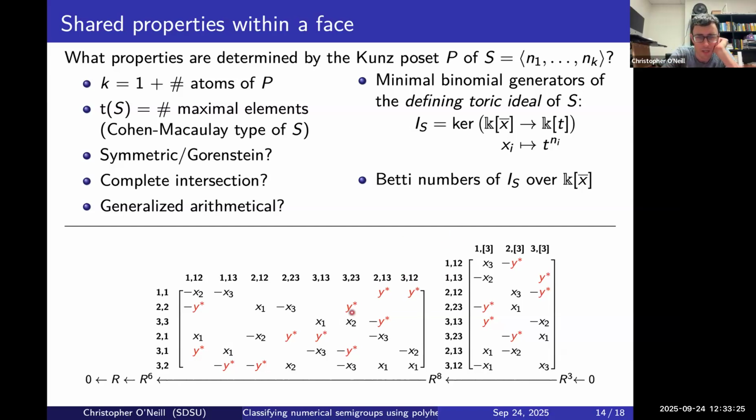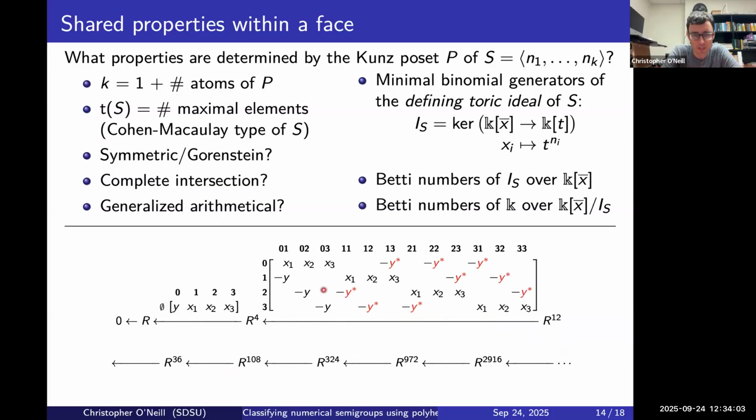Well, it turns out that for any toric ideal coming from a numerical semigroup, there's a way to write down a minimal free resolution of that toric ideal in such a way that if you change S to some other semigroup in the same face, all that changes in the structure of your resolution is that each of these exponents is going to be changing as a linear function of the Apéry set.